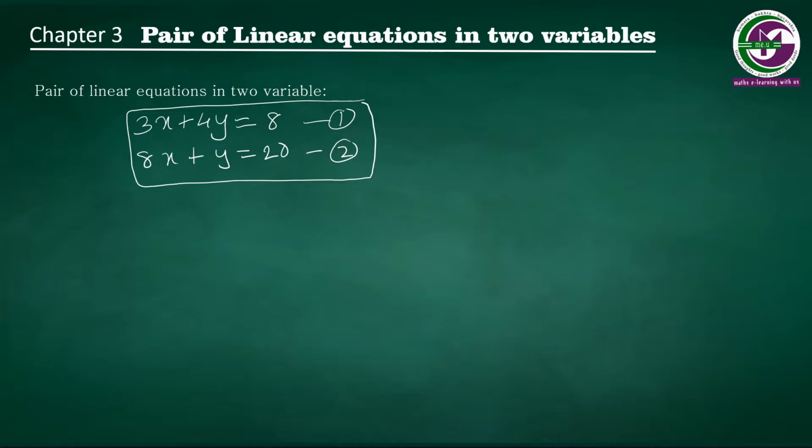Here, the general form of a pair of linear equations in two variables is a1x plus b1y equals c1, and a2x plus b2y equals c2, where a1, b1, c1, a2, b2, c2 are constants and x and y are the variables.